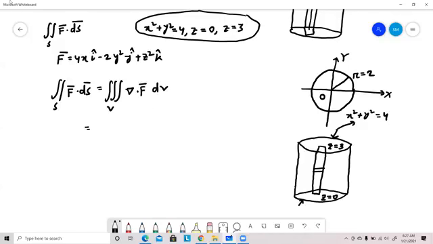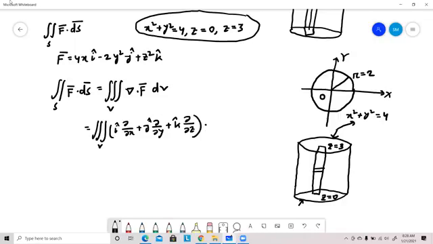Okay, now we know grad is i del by del x plus j del by del y plus k del by del z.